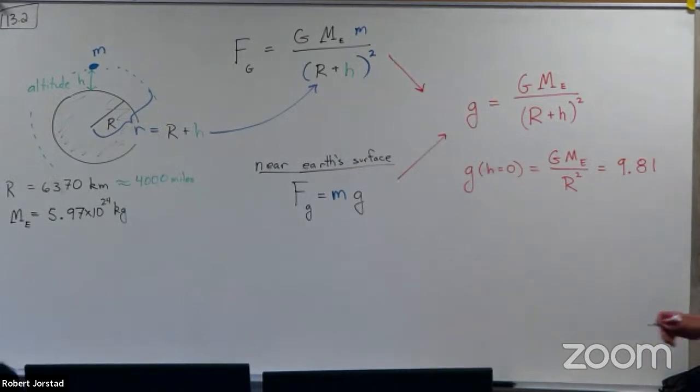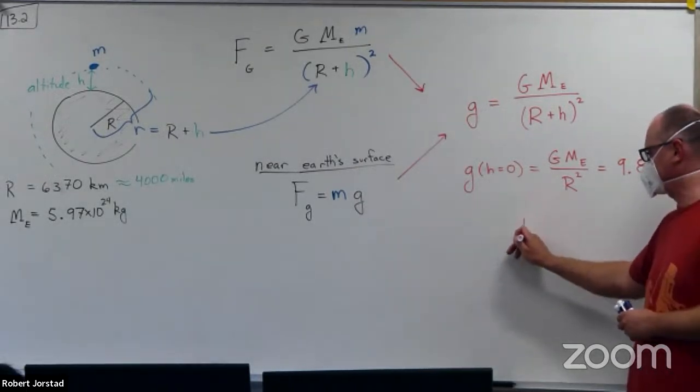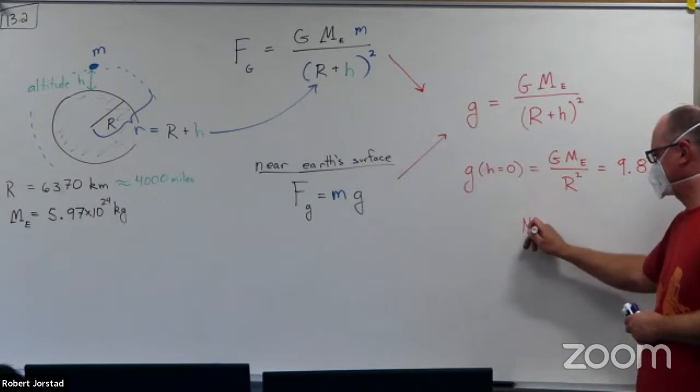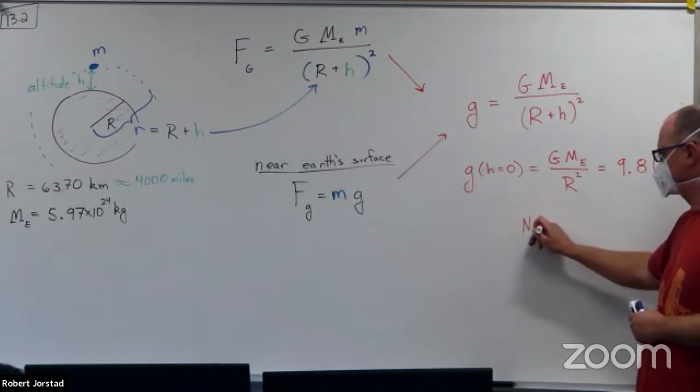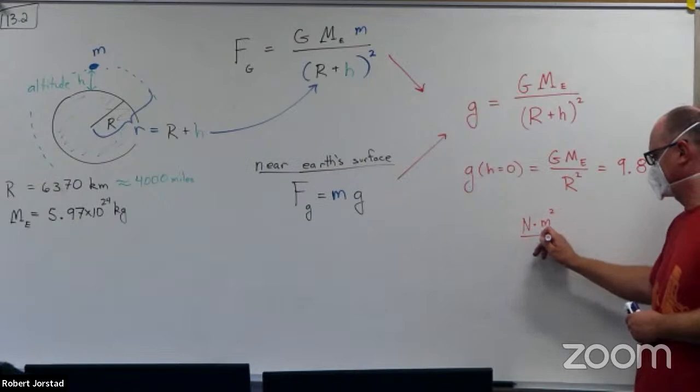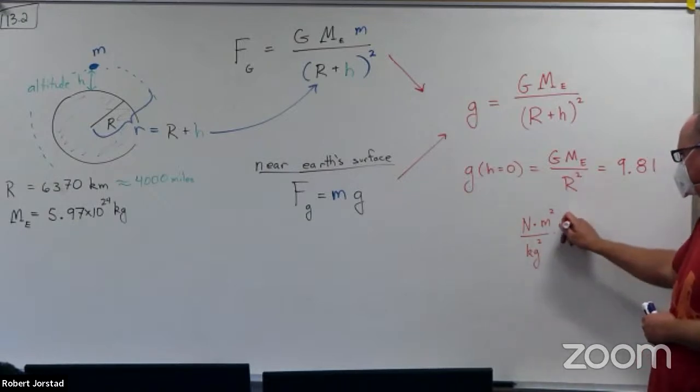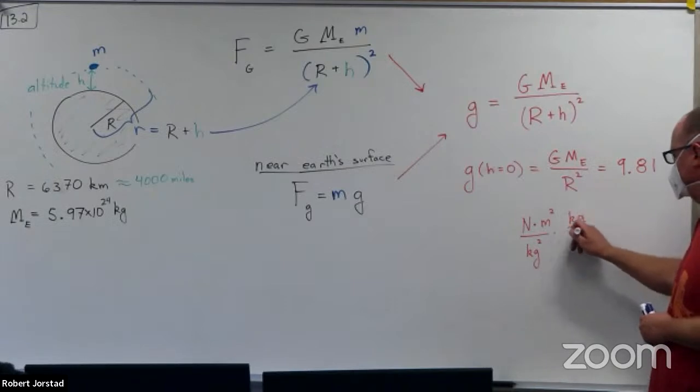Let's check the units. G is newtons times, what was it? Meters squared over kilograms squared. Mass is one of the kilograms here, is that right? And then here, what do we get here? Meters squared.